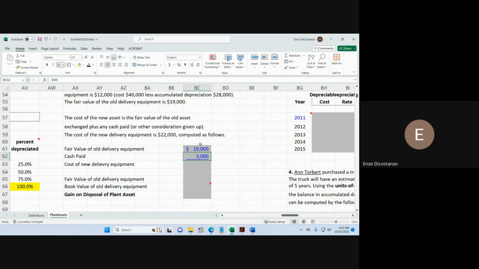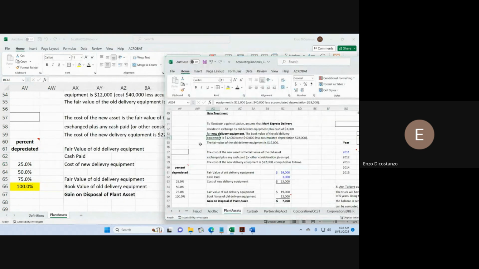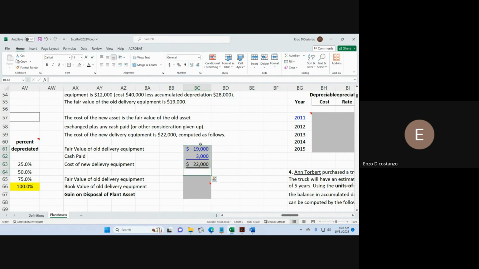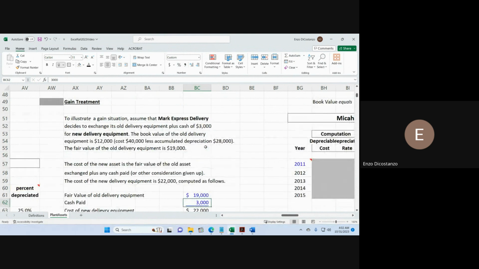There's some cash that was paid. So the cost of the new delivery equipment is simply the summation of all this. Okay. So again, you gave an asset that had some sort of fair value, and then you came up with some cash. Baseball does this when they trade players, they do stuff like this.